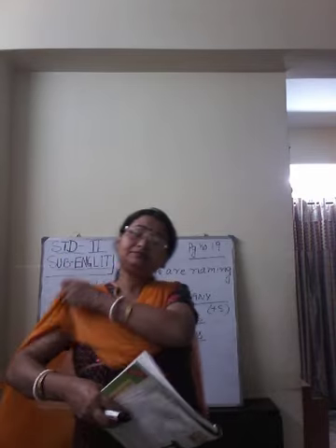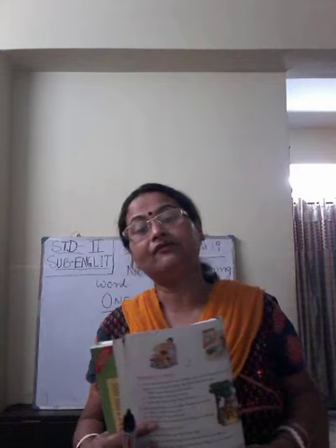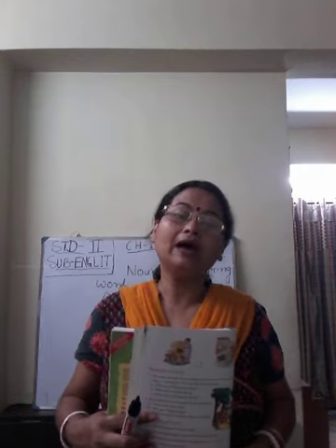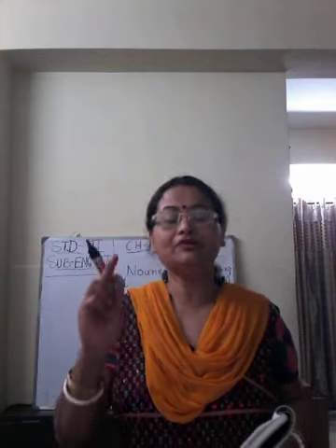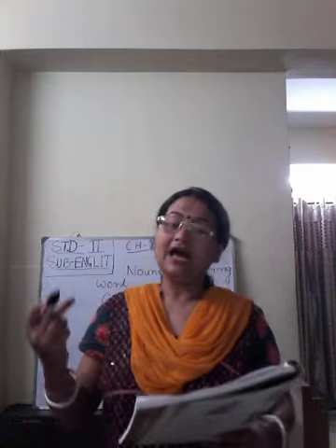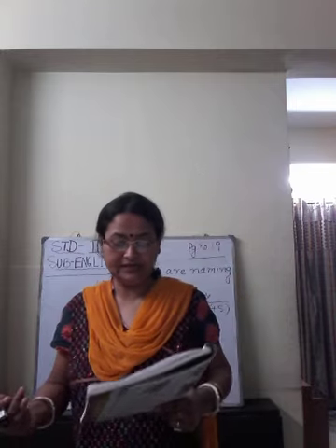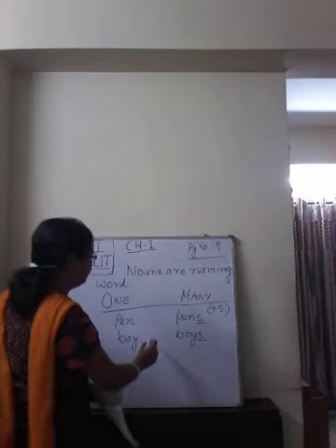And there are many rules for changing a noun from one to many. On this page we will discuss one rule. Okay, how we will change a noun from one to many that ends with the letter Y.